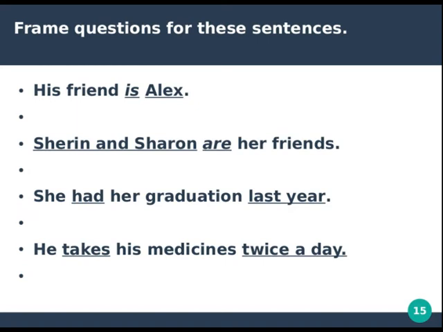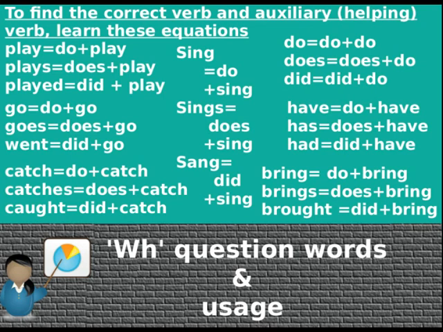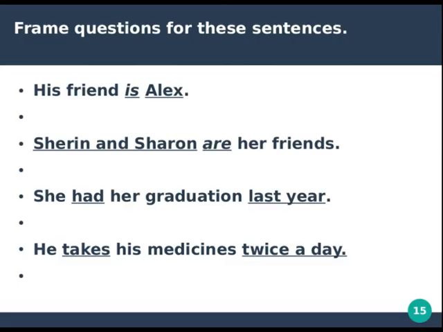Is need not be cut into separate, you can't do that. Whereas are also you can't do that. But had you can split it with did plus have. So the hidden auxiliary in had is did. Likewise in takes, the hidden auxiliary is does. Does plus take is equal to takes. So you have found the hiding auxiliary.